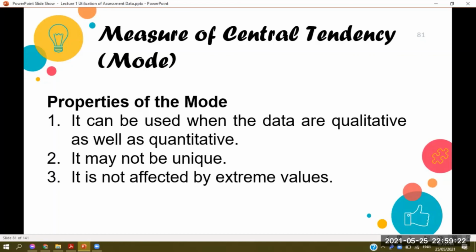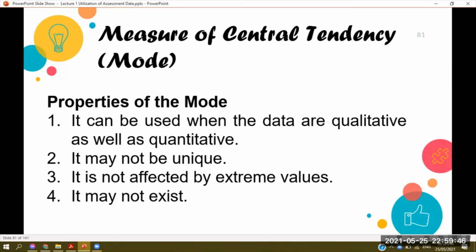The same with our median. It cannot be affected by the outliers, as we say. Yung mean lang talaga yung naapektuhan ng mga extreme values. Because if median is positional, our mode naman is more on distribution or the recurrence of a particular score, no? Yun na yung concern niya. And number four, it may not exist.